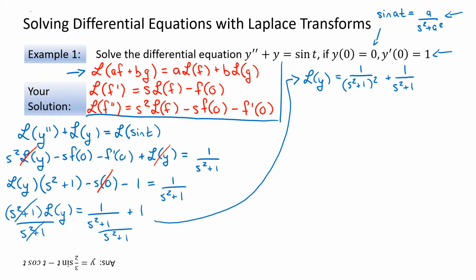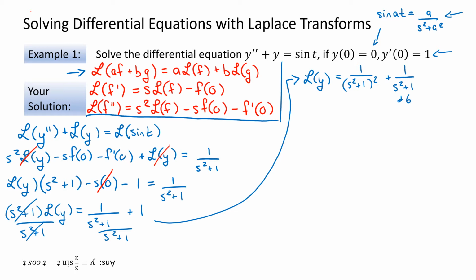And remember, we can find the inverse Laplace transform of each of these functions once we figure out what form they fit in terms of our table. So our second item here, 1 divided by s squared plus 1, actually fits number 6.